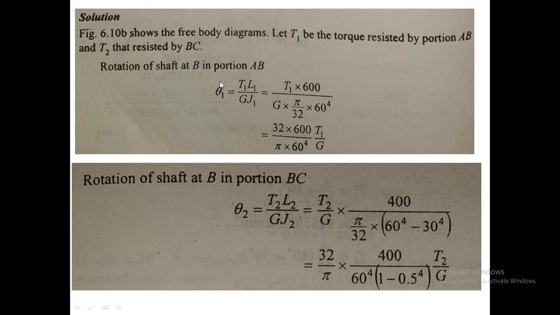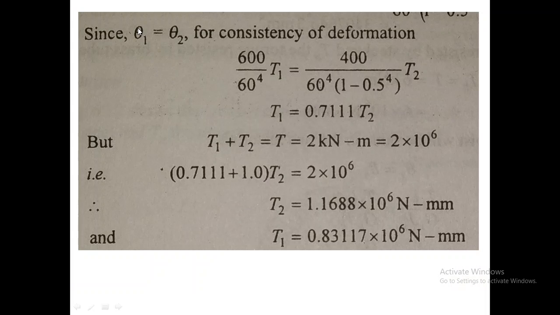Here we'll take the angle of twist. Here the angle of twist will be the same. In the compatibility equation, the angle of twist will be the same for both the portions.